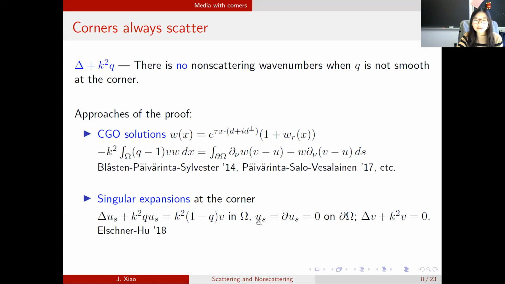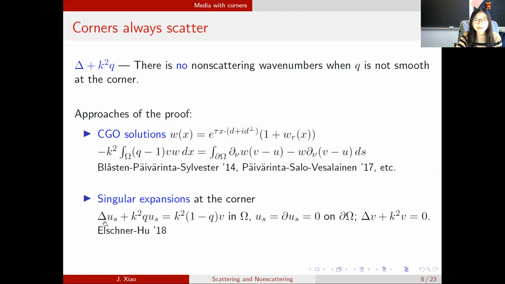Also, this difference, this scattered field, sorry, I missed a normal vector here, satisfies that both Dirichlet and Neumann data are 0 on the boundary. Moreover, which is a very important thing, V is not just defined inside omega or inside the corner, it is actually defined everywhere, or at least in the neighborhood of the corner.